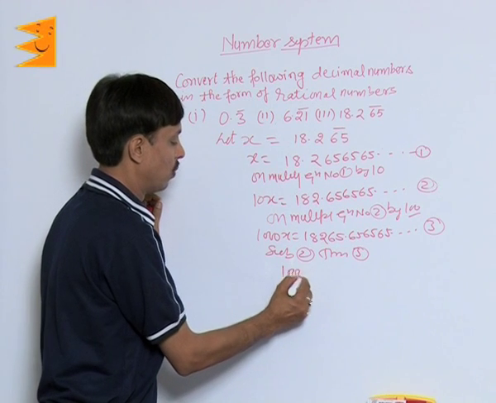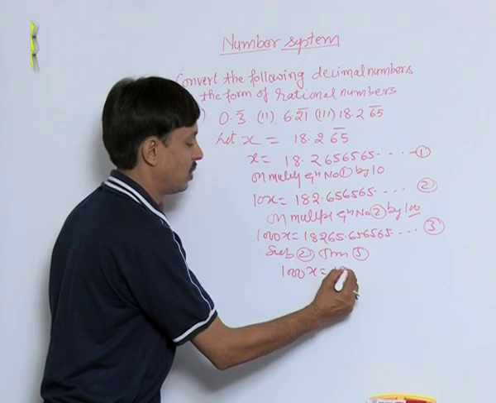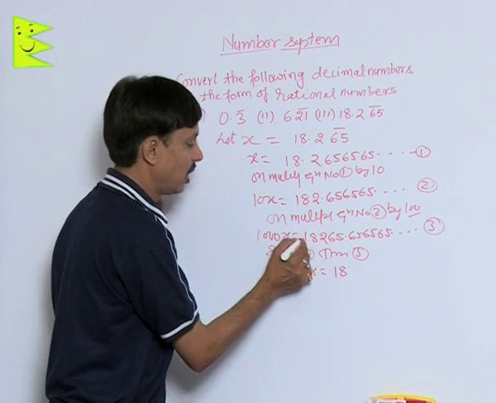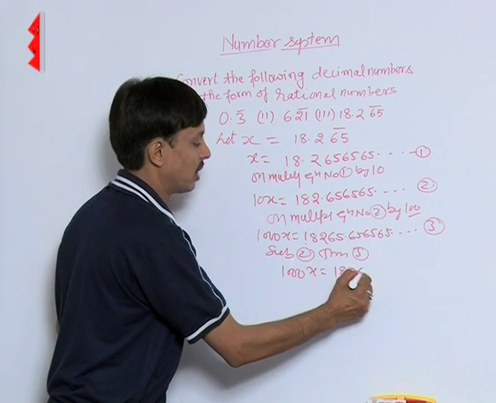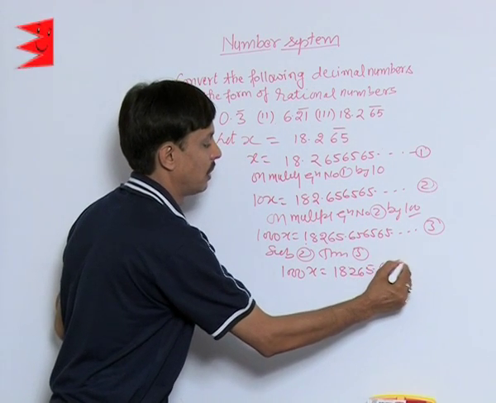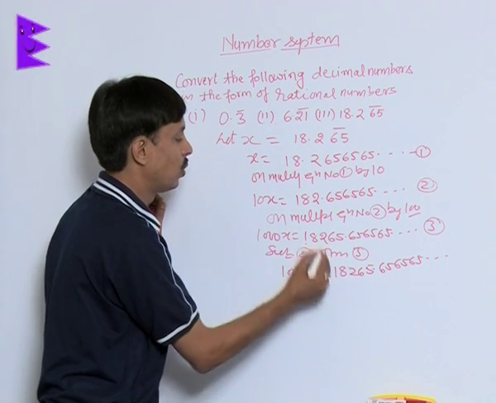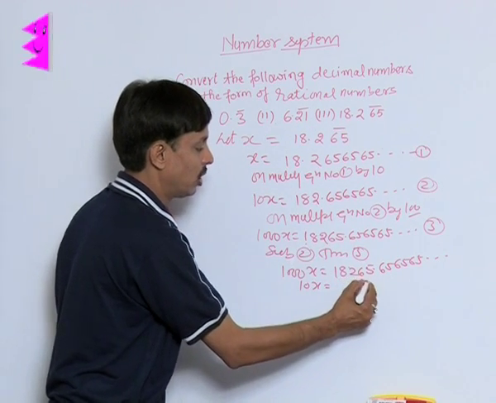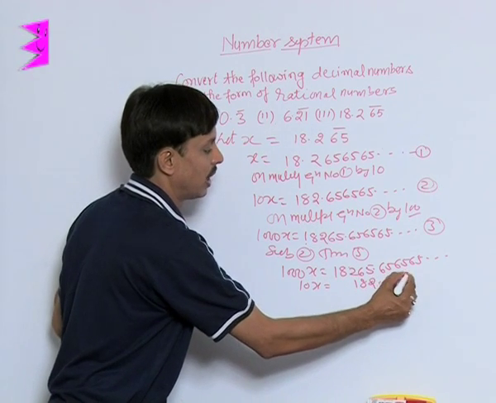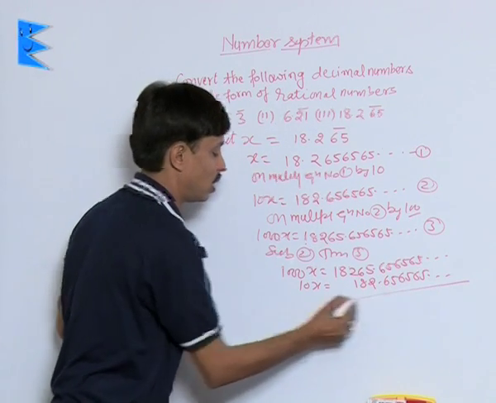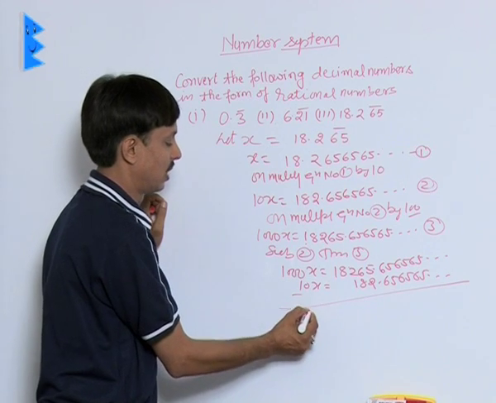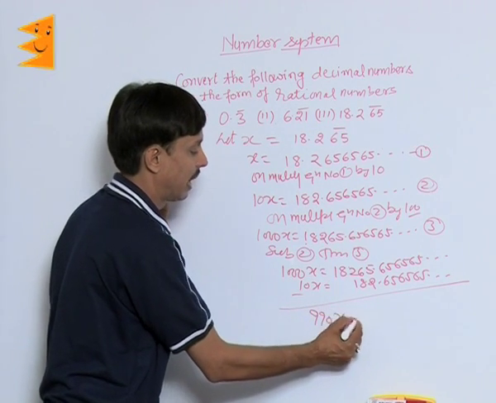We will get 1000x is equal to 18,265.656565 dot dot dot, and 10x is equal to 182.656565 dot dot dot. If we subtract, 1000 minus 10 is 990x.